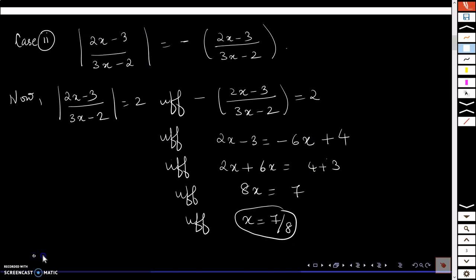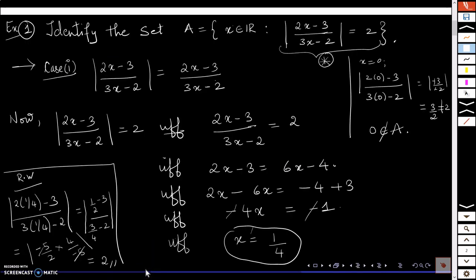So the only 2 points in the set A are, one is 7 by 8 and in the previous case it is 1 by 4. So the only 2 points are 1 by 4 and 7 by 8. So there are only two real numbers, 1 by 4 and 7 by 8, which will satisfy this condition star, and hence they are coming inside the set E. So what we have done is we have identified the set capital E.